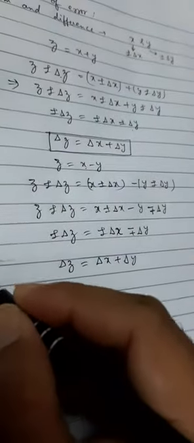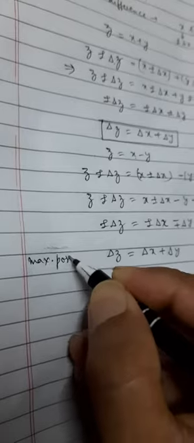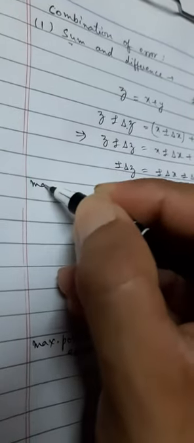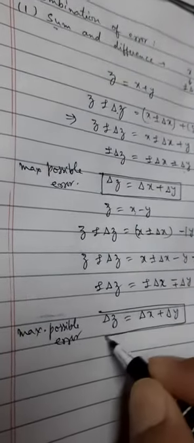It is the maximum possible error. Okay, this one is also the maximum possible error. So delta z is equal to delta x plus delta y.